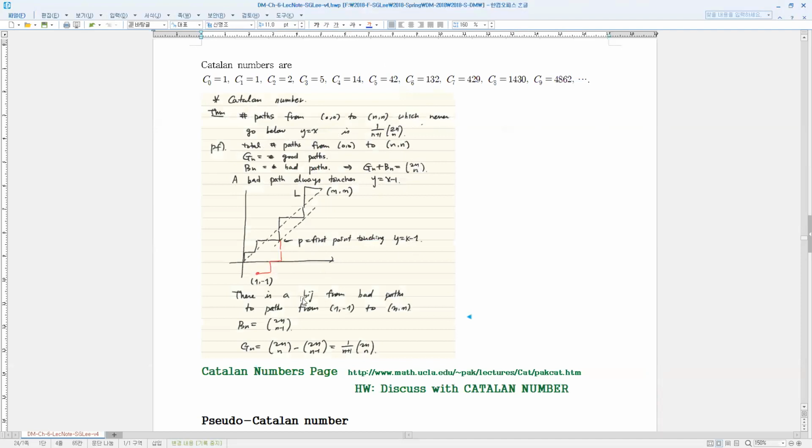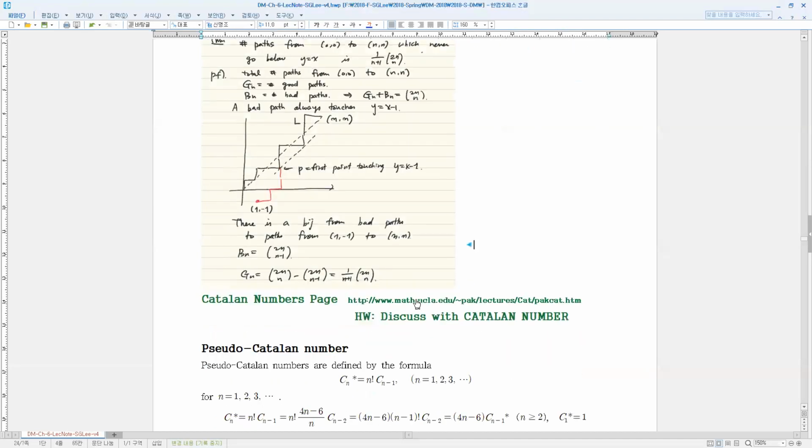Then there is a bijection from bad paths to paths from 1 minus 1 to n, so the number of bad paths is 2n choose n minus 1. Subtracting the bad paths from all possible paths gives 1 over n plus 1 times 2n choose n, which is what we were looking for.